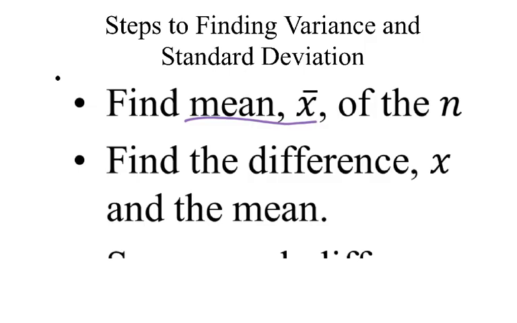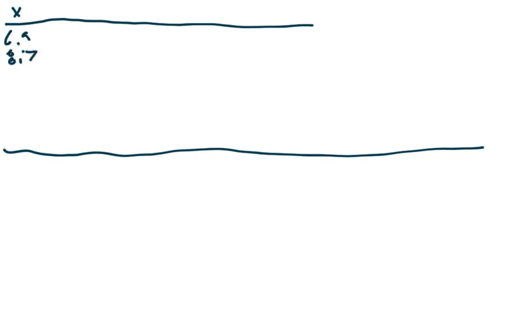The next step is we're going to find the difference, x minus x bar, for all of the data points and the mean. So I'd like to create a table. I left a blank spot, so you'll want to leave some room for problem number 2. I'm going to list off all of my x data points first: 6.9, 8.7, 7.6, 4.8, and 9.0.